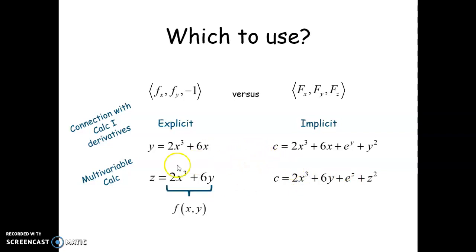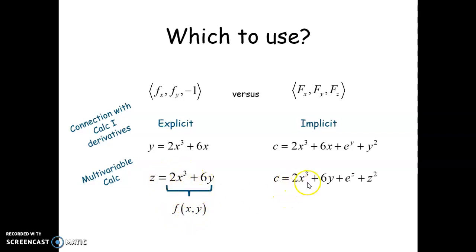When we're able to solve for z, we have been calling the expression on the right hand side the small letter f, and so we've been saying that this is a multivariable function f, small f, with the inputs x and y. That's what we've been working with.